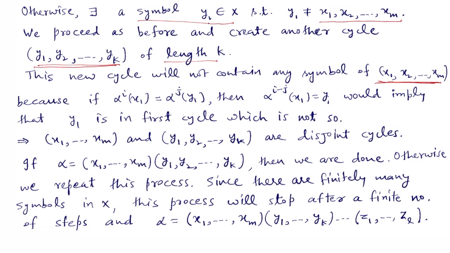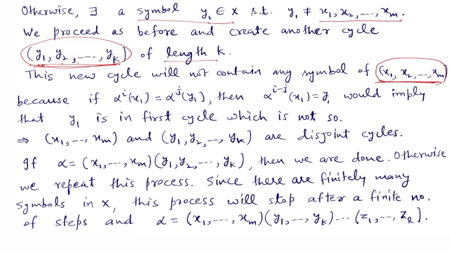Any symbol there we get by applying some power of alpha to x1, and any symbol in this cycle we get by applying a power of alpha to y1. y2 is alpha of y1, y3 is alpha square of y1, and so on.